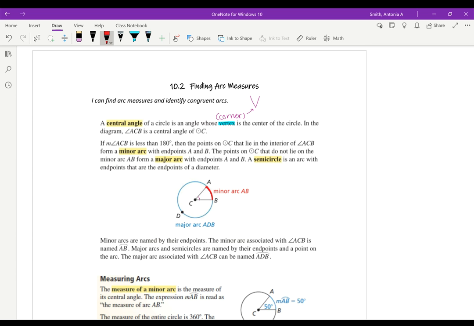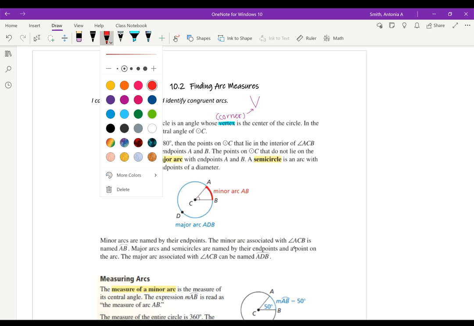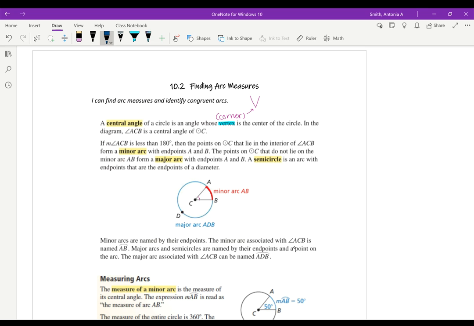The points on circle C that do not lie on the minor arc AB form a major arc because it will be bigger than 180 degrees. So that's the rest of this circle, and I know I'm not drawing it perfectly round, but the rest of the circle would form a major arc.